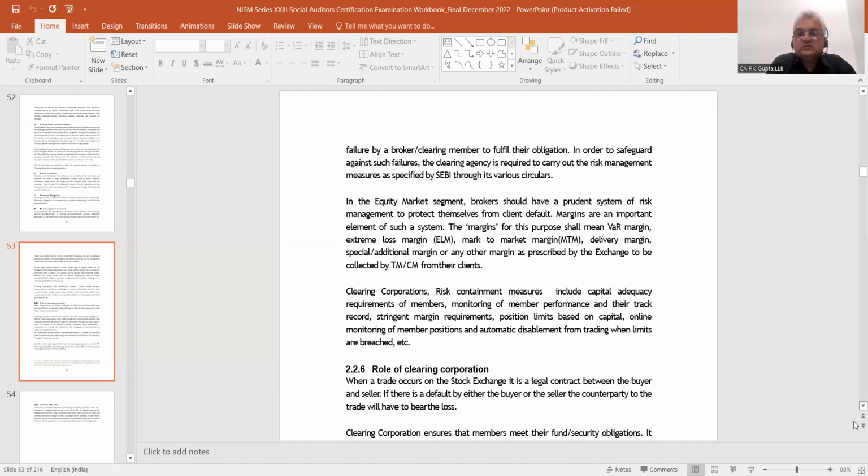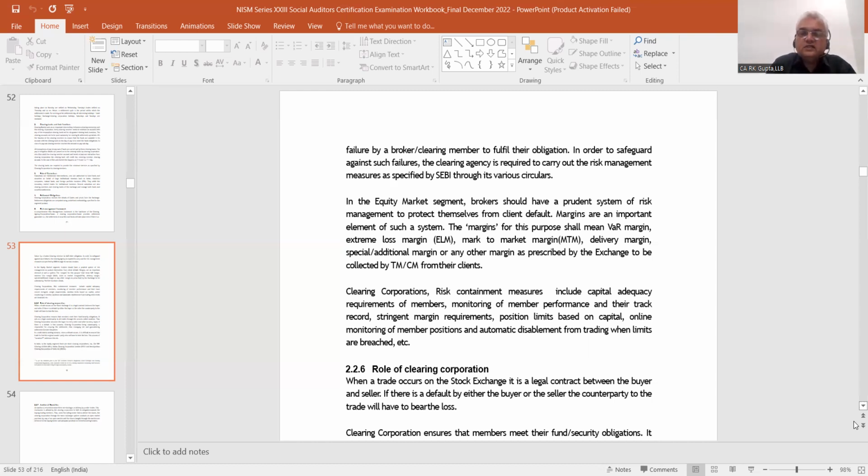These risk containment measures include capital adequacy requirements of members, monitoring of members' performance and their track record, stringent margin requirements, position limits based on capital, online monitoring of members' positions, and automatic disablement from trading when limits are breached. So these are some of the inbuilt measures which try to mitigate the risks associated with this process.